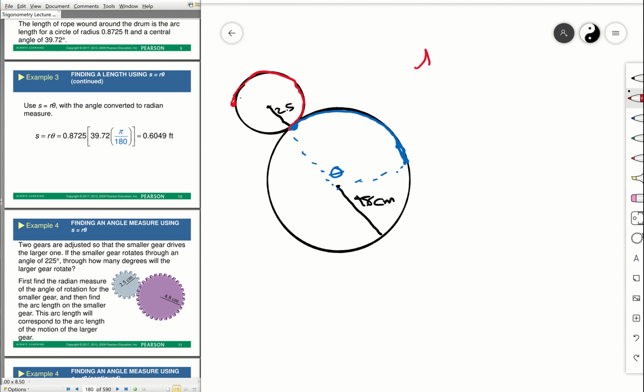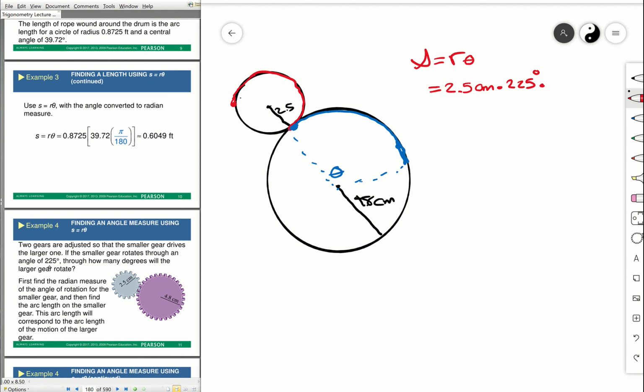Let me go ahead and do that in red. So we know that S equals r theta, and here we have r equals 2.5 centimeters, and we know that the angle of rotation is 225 degrees. Now, we immediately convert that from degrees to radians.